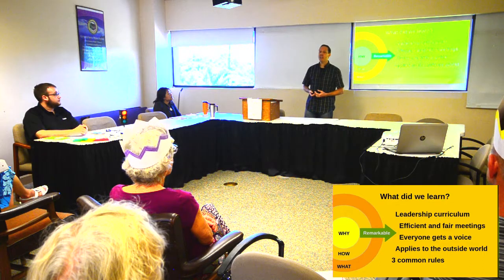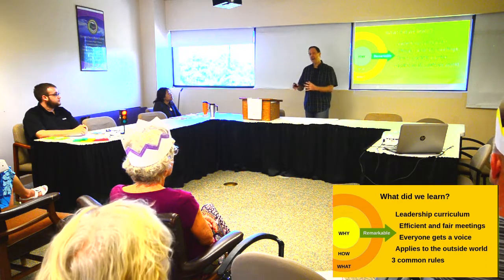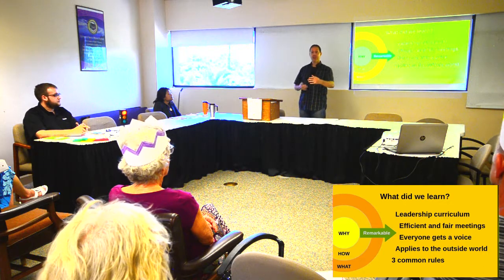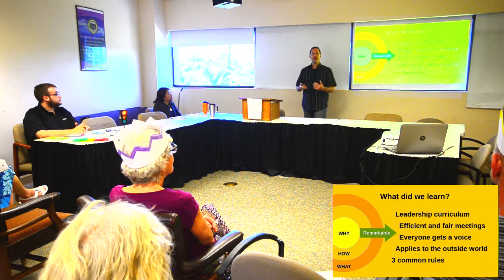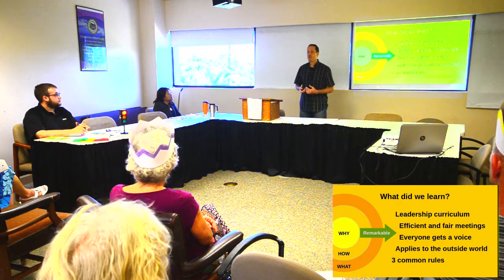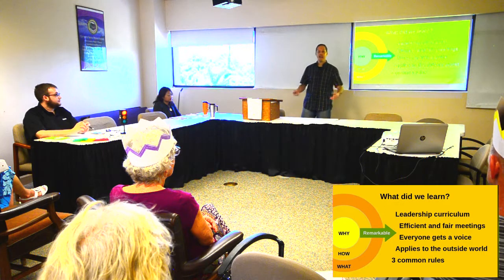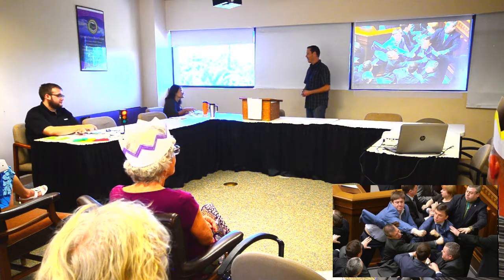And it applies to the outside world. Even if we don't use the actual rules verbatim, we can use these concepts of courtesy and efficiency in all of our meetings. Finally, we went over and practiced the three rules together, so hopefully you have a better understanding. Why? To avoid this. Madam Toastmaster.